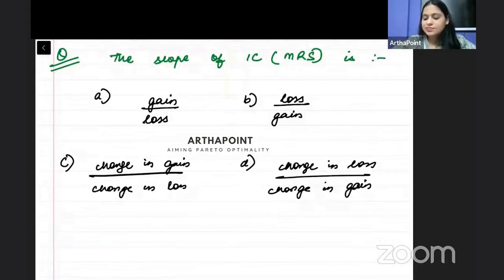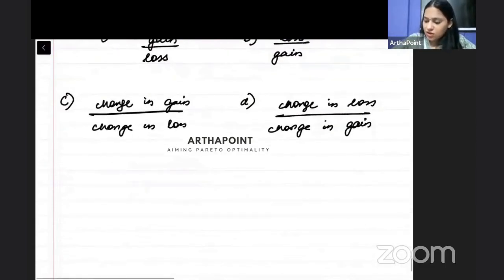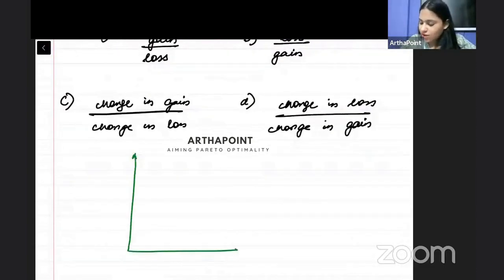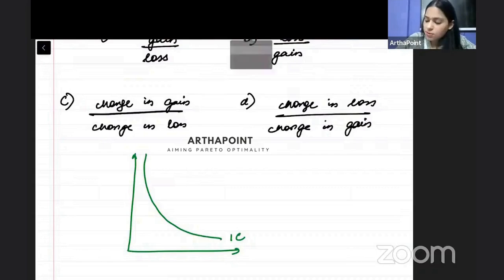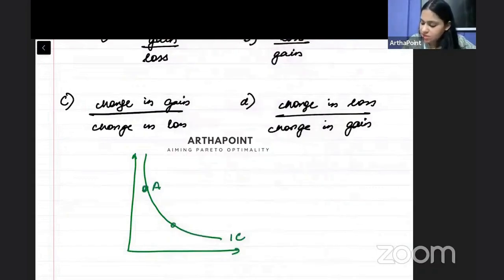Okay, you are saying D. Anyone else? D, C. Okay, देखो देखो. So if I draw an indifference curve, और जब भी हम पॉइंट A से B पे जाते हैं तो हम हमेशा क्या पूछते हैं?